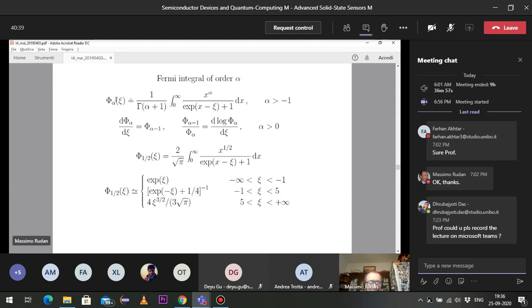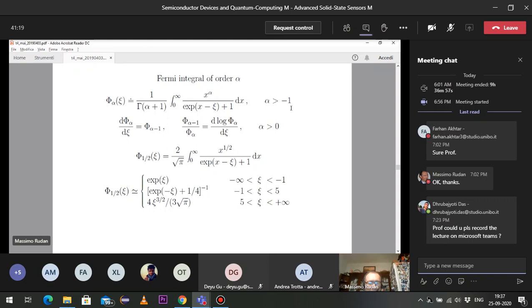So by definition, the Fermi integral of order alpha is the inverse of gamma of alpha plus 1 times the integral between 0 and infinity of x to the alpha divided by exponential of x minus psi plus 1, integrated over x. For the convergence of the integral, we must have that alpha must be larger than minus 1, okay?